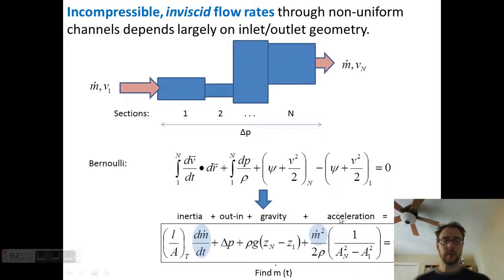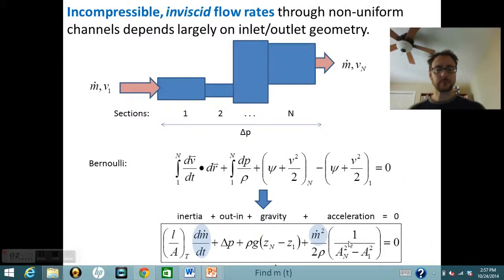We have gravitational effects, and we have acceleration effects. And these acceleration effects can be caused at different area changes, which is what's shown in the blue diagram here. So we have our mass flow rate being affected by the area changes, and we have our gravity being affected by the elevation change as you go through the reactor core.